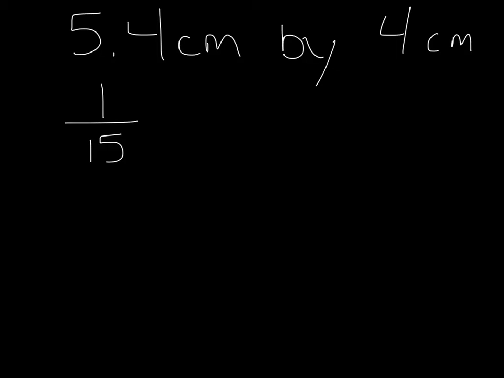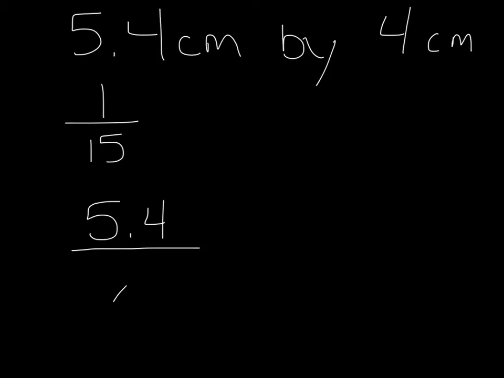So let's separate them. The length is 5.4 centimeters, so we're going to put that into a fraction. 5.4 centimeters over, do we know what the length of the actual painting is? The answer is no, we don't. So what can we put there?